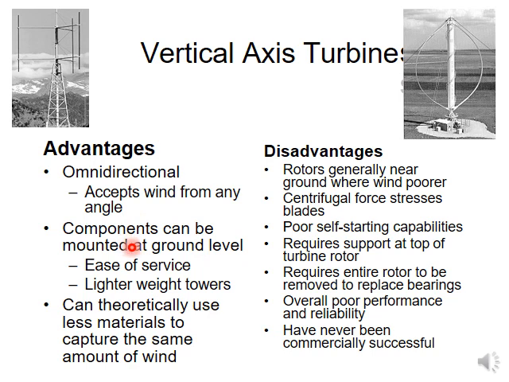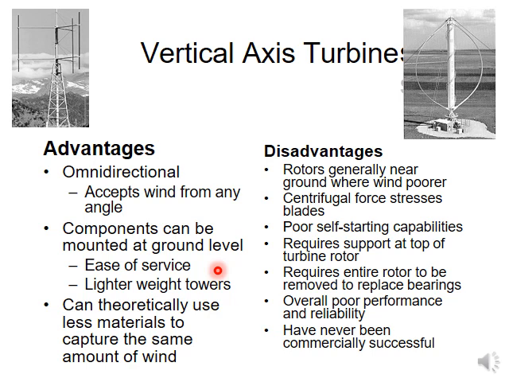Components can be mounted at ground level since it has a vertical rotor, and we know that the generator is coupled at the end of the rotor, so it can be coupled at the top of the rotor or the bottom of the rotor. But since we have the advantage of having it vertical, we can mount the generator at the bottom of this axis or rotor.